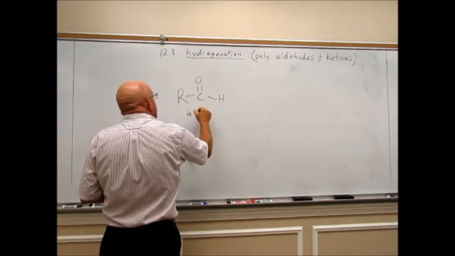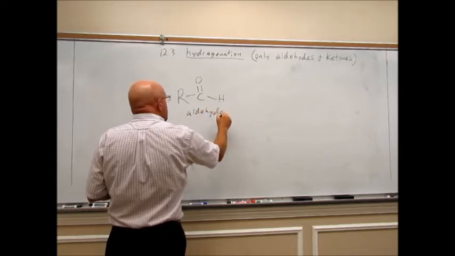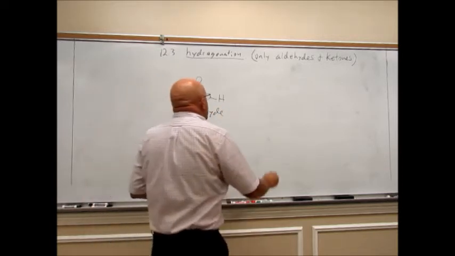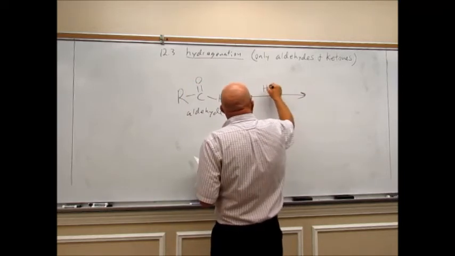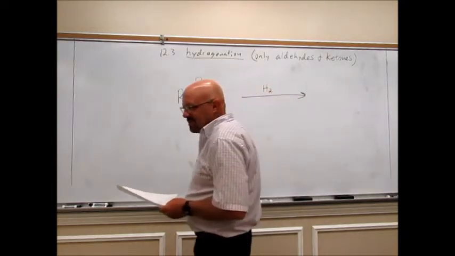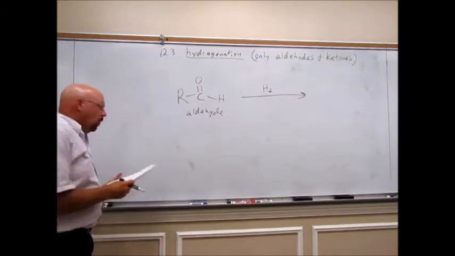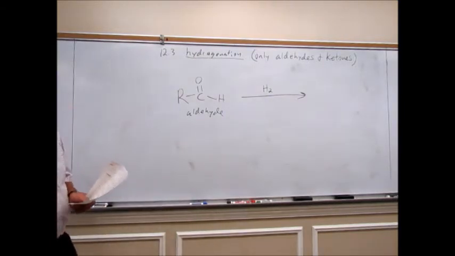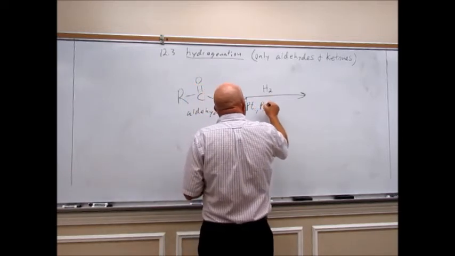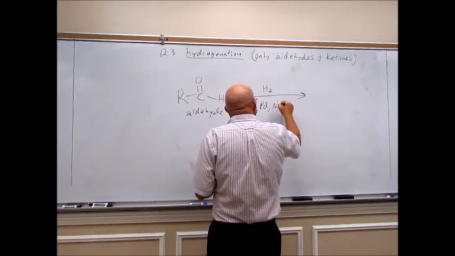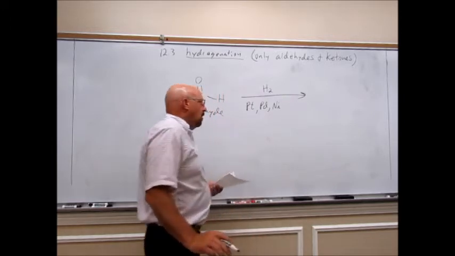So here, I'm going to do an aldehyde. And we're going to add in hydrogen gas. And we need a catalyst. You can use platinum, palladium, nickel. That's what we learned in organic 1.